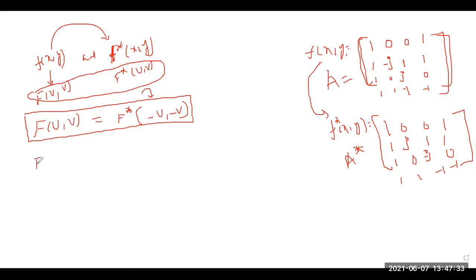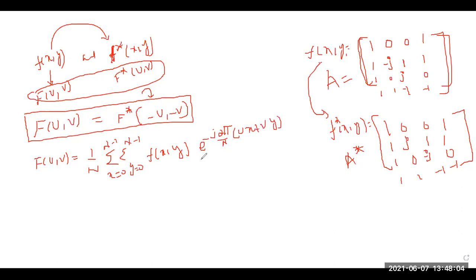So I know that f of uv is nothing but 1 upon n, summation of x equal to 0 to n minus 1 and y equal to 0 to n minus 1, f of xy e to the power of minus j 2 pi by n, ux plus vy. Now this is the original Fourier transformation.